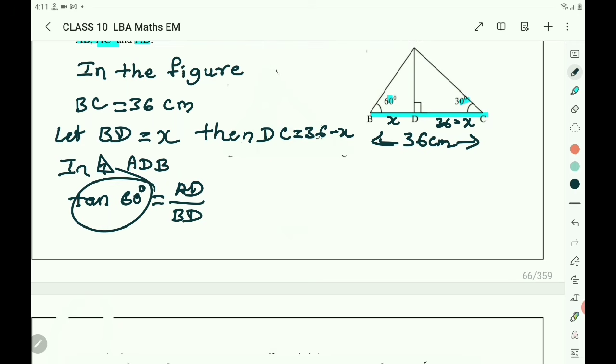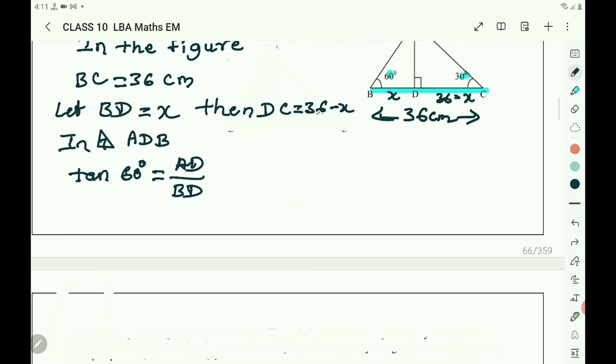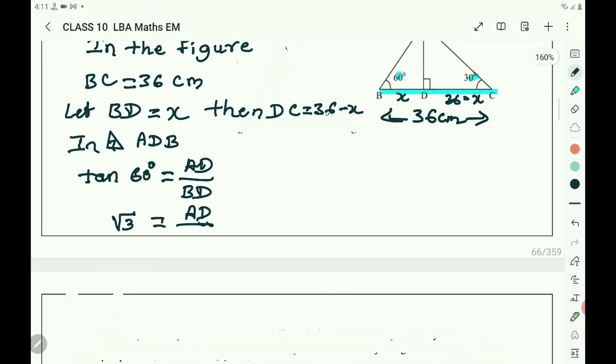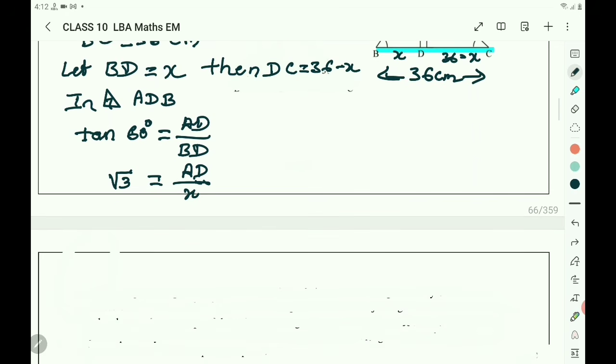Tan 60 is root 3, equals AD by BD, which is expressed in terms of x, so AD by x. Then cross multiplying root 3 and x, you got root 3 x equals AD.